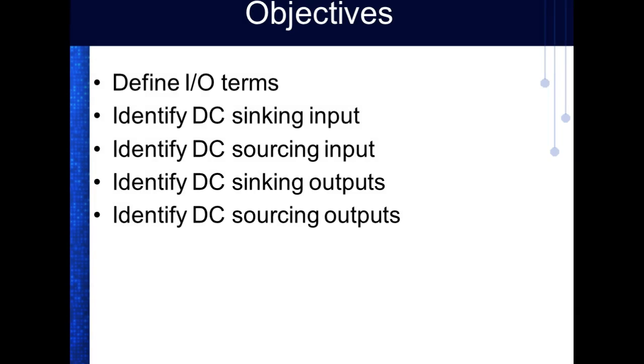So what we're going to look at here is sinking, sourcing, input, sinking, sourcing, output. We'll do a real good job talking about what that is. It's a very small write-up in the book; you can look in the index and look up sinking or sourcing, and it should take you there.